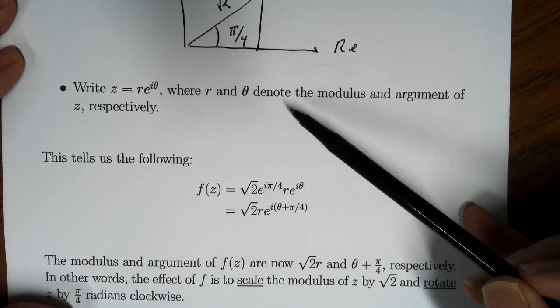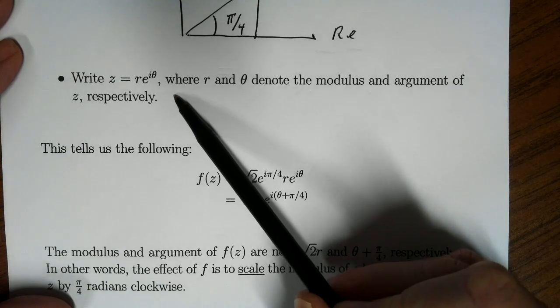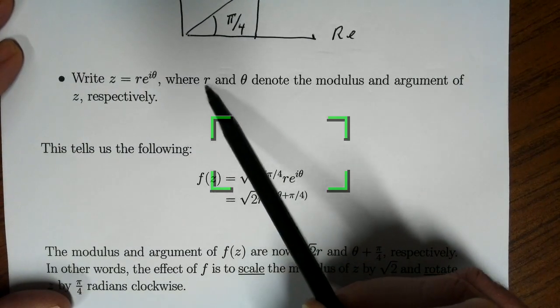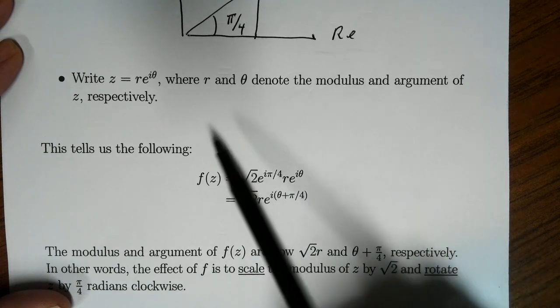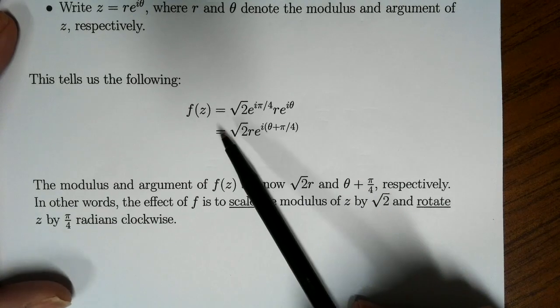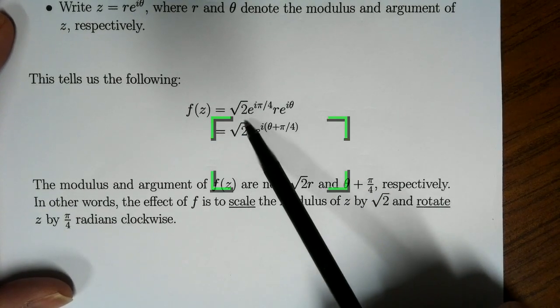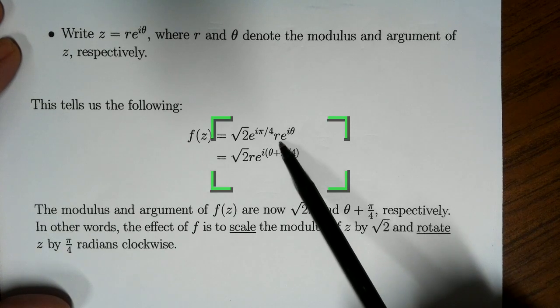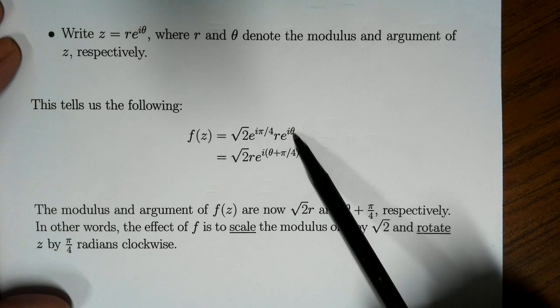Now let's say we take our input, z, and write it in polar form as well. So z equals r e to the i theta, where r and theta denote the modulus and the argument of z respectively. Let's compute f of z. Doing everything in polar coordinates, here's my m value, root 2 e to the i pi over 4, and here's my z, r e to the i theta.